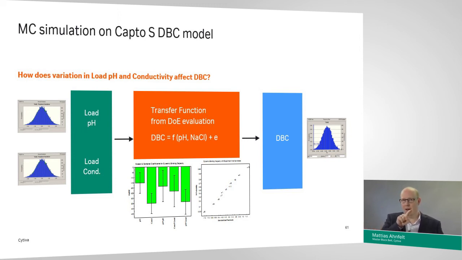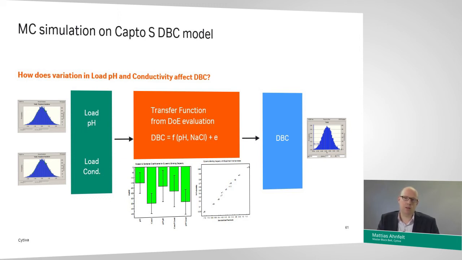You go back to square one, sample once again from all the distributions for the inputs plus the random variation. You run that through the transfer function. You get a second point for the dynamic binding capacity in this example. You then repeat this maybe 100,000 times or more. With today's computers, 100,000 times simulation on a typical chromatography transfer function is made in a matter of seconds.